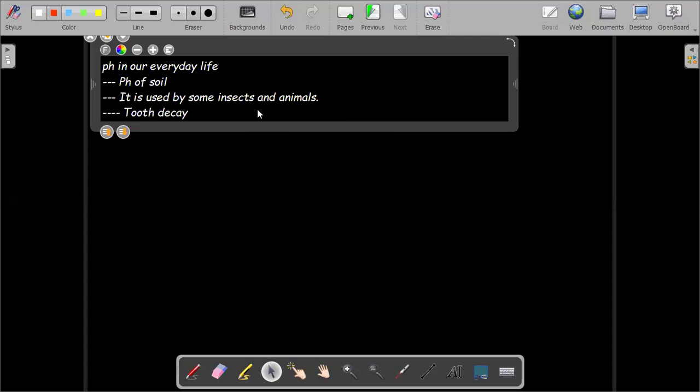And when acid is released, that acid reacts with the calcium phosphate. Calcium phosphate is the chemical which we call the enamel, of which our tooth is made up. So when it reacts with that, tooth decay occurs.